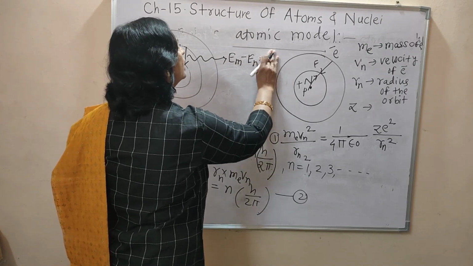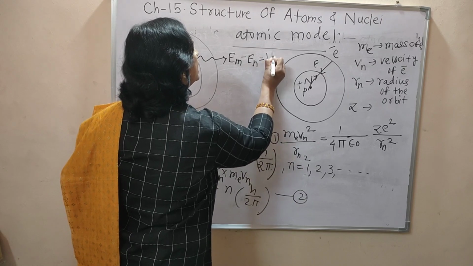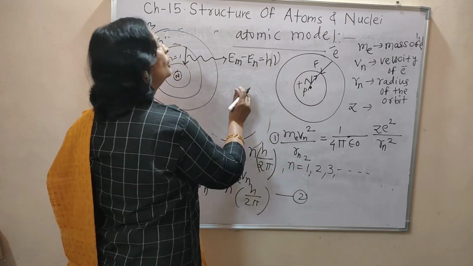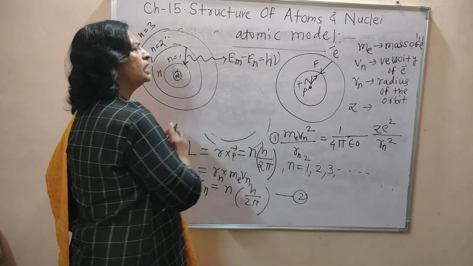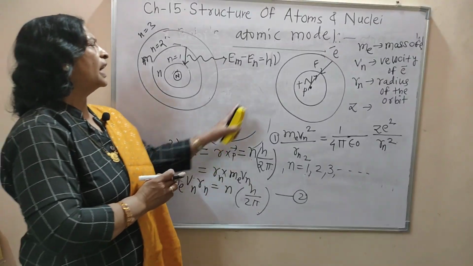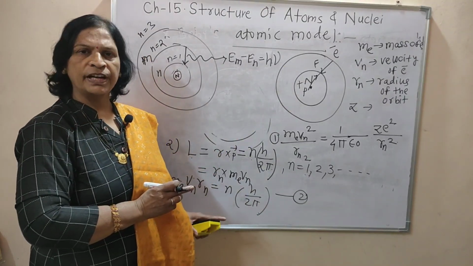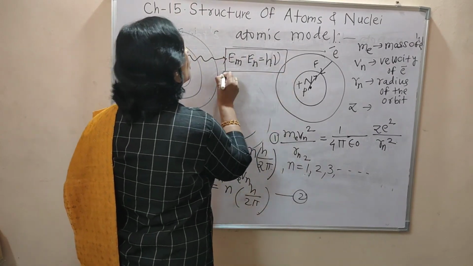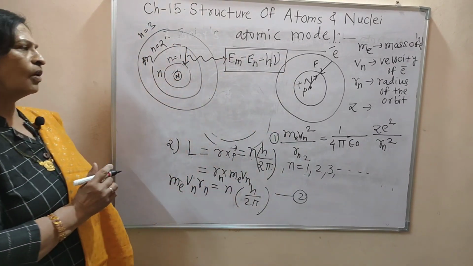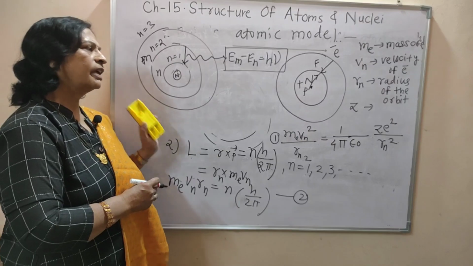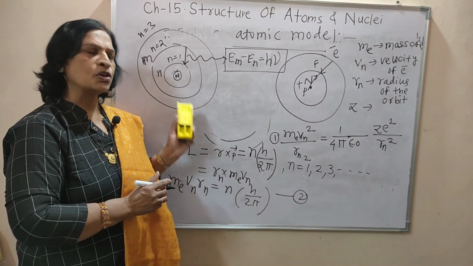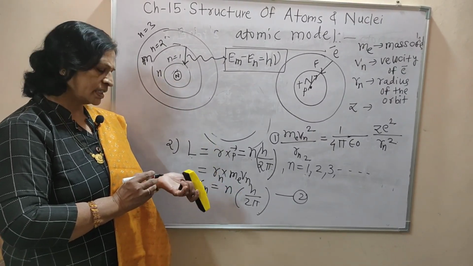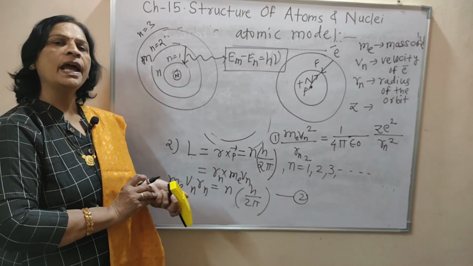We know that the energy of a photon is h into mu, where h is Planck's constant and mu is the frequency of radiation. Understood? This is the third postulate of Bohr's atomic model, and in this manner we can explain the three postulates of Bohr's theory for the hydrogen atom.